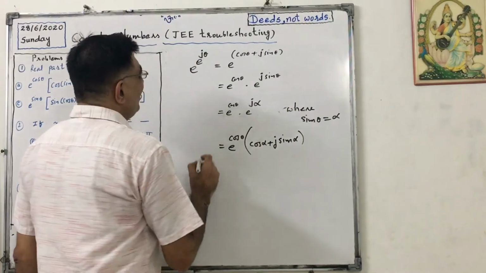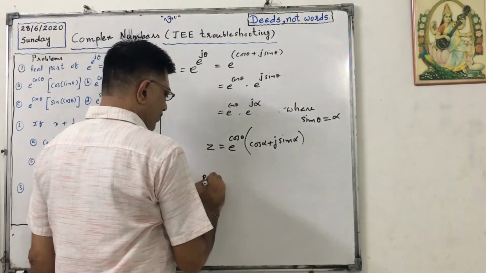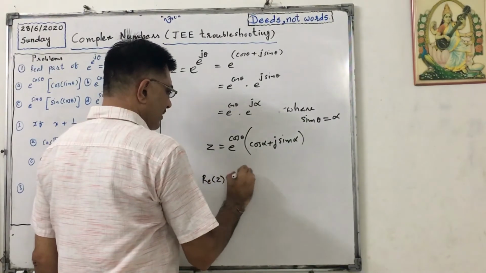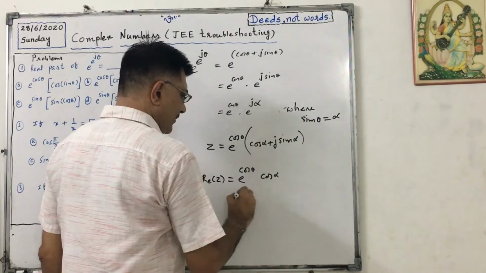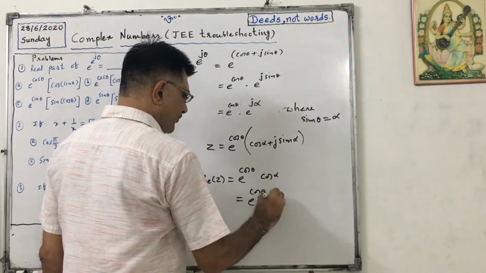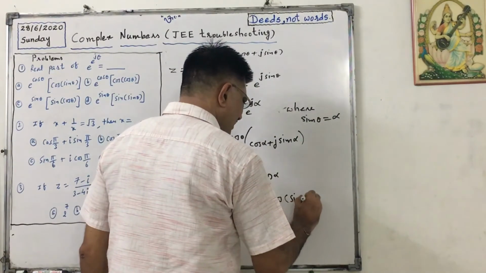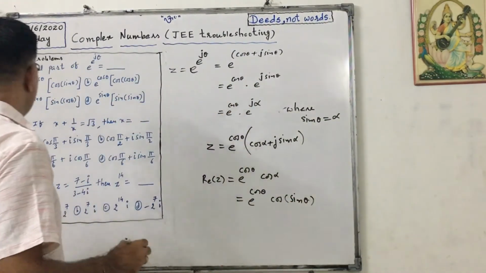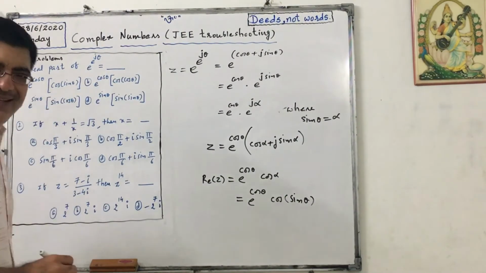Now suppose this is z. Then the real part of z will be equal to e raised to cos theta into cos alpha, which can be written as e raised to cos theta into cos of sin theta. So the answer is e raised to cos theta into cos of sin theta.